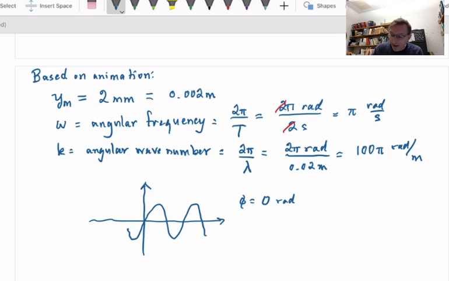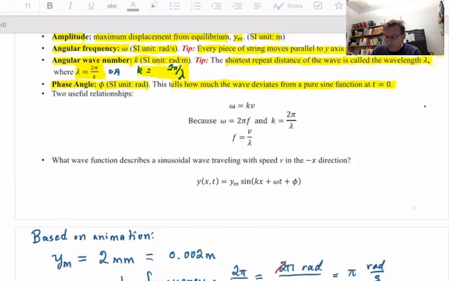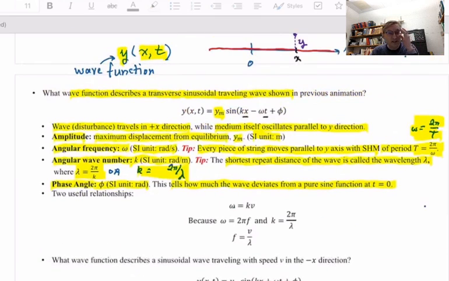All right, now that's it for the constants that have to be specified in the wave function, the y max, the k, the omega, the phi. Then the x and t are variables. They're waiting for you to give me values for them. And then we'll plug in and tell you what the y is. But here are 2 more useful relationships that we want to just know.